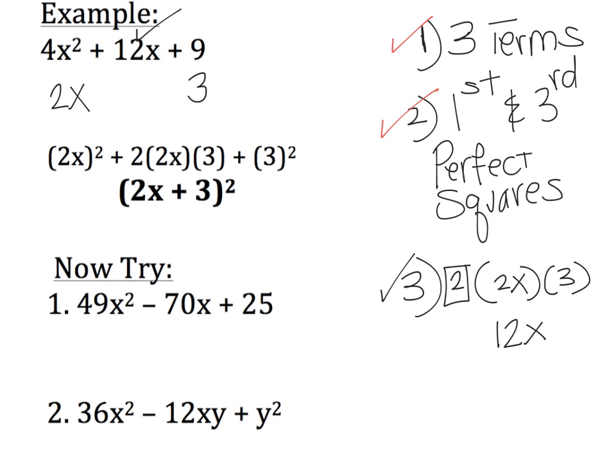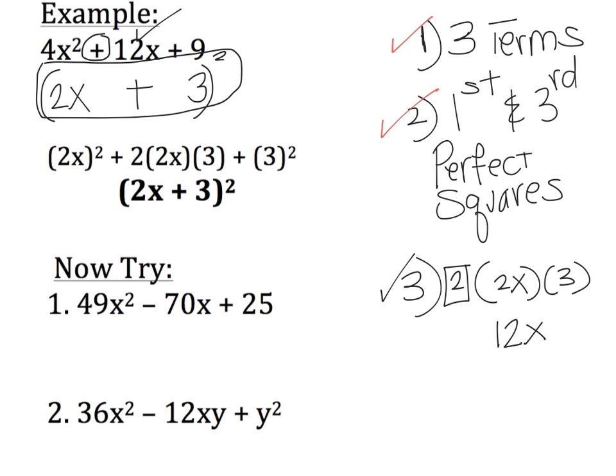If I multiply 2 times 3, that's a 6, and double it. So 6 times 2 is 12. So the third rule, check. That means this is a perfect square trinomial. I use the sign of the middle term, put it between the 2x and the 3, put parentheses around them, and put a square on top. So my factored form is going to be (2x + 3) to the power 2.